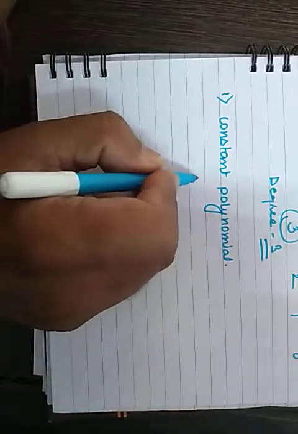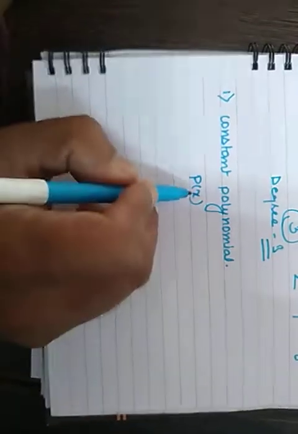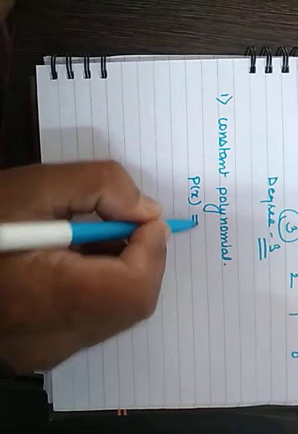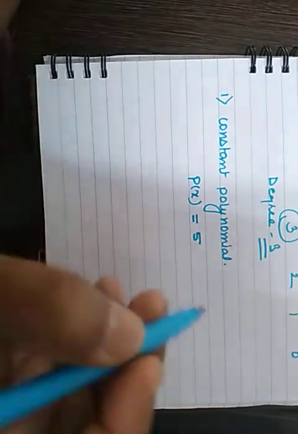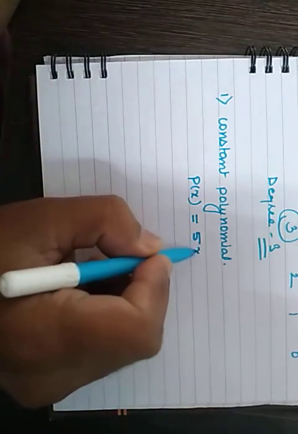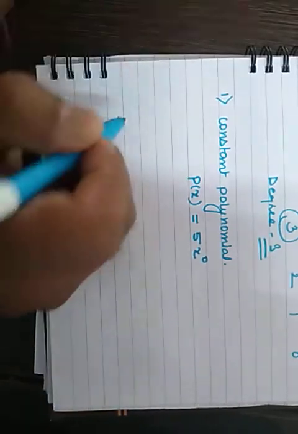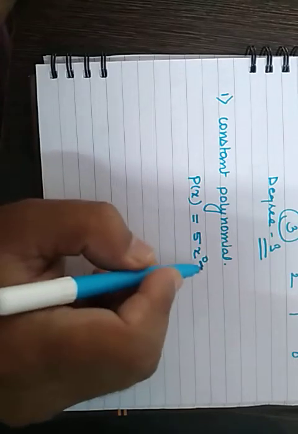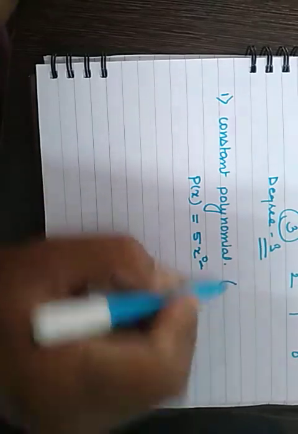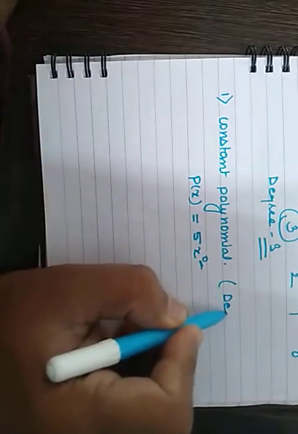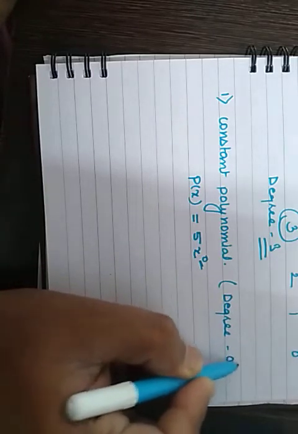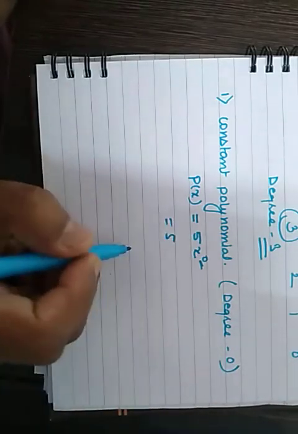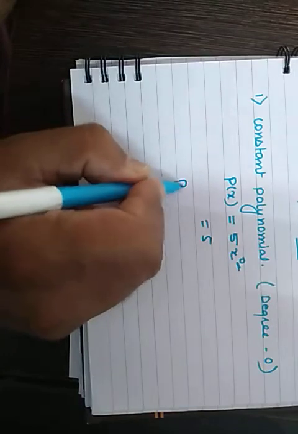For example, p(x) is a polynomial, its value depends on x, and if I write it as 5, now we know that the 5 must contain a variable, that is x to the power 0. So here the degree is 0, and a constant polynomial is a polynomial whose degree is 0. So 5 is a constant polynomial.